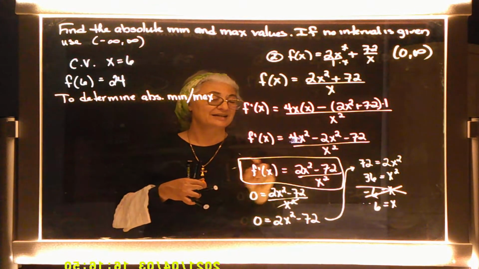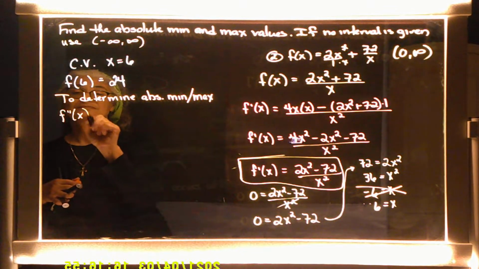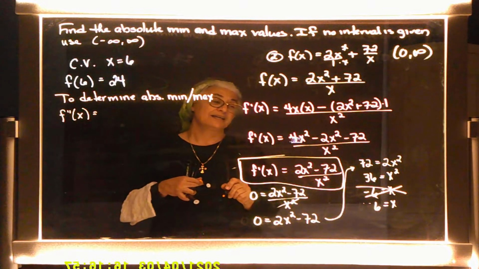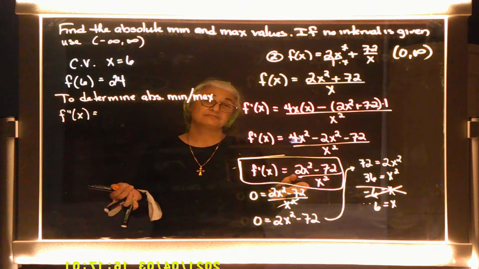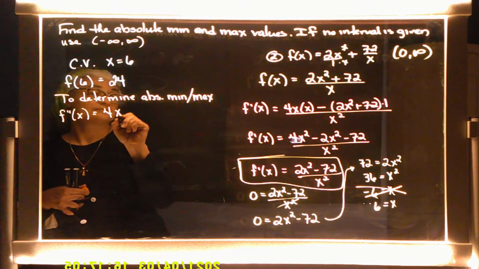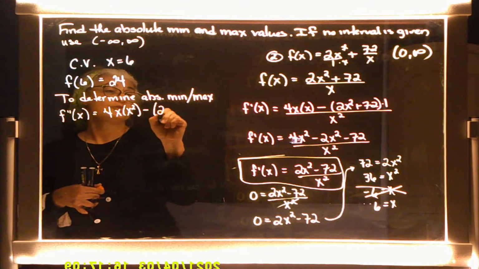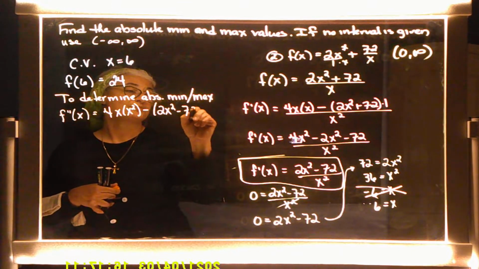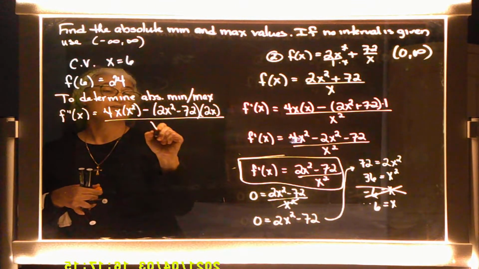I need the second derivative. Again, we have got a quotient rule, so here we go. See if you follow along. Derivative of the numerator times the denominator minus the numerator times the derivative of the denominator all over that denominator squared.